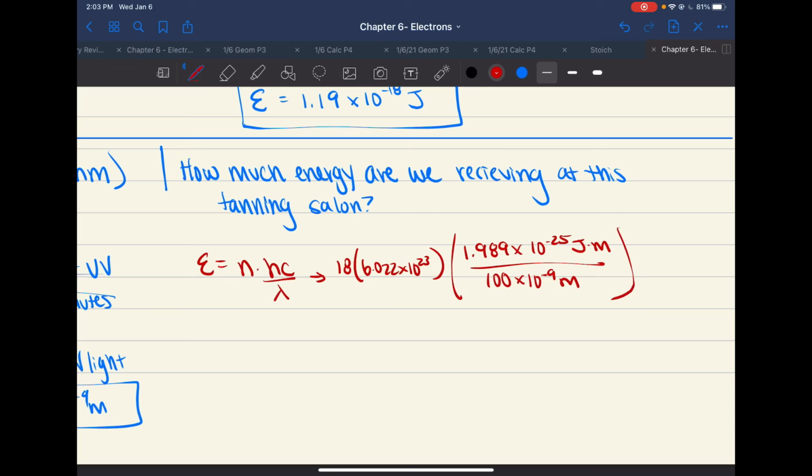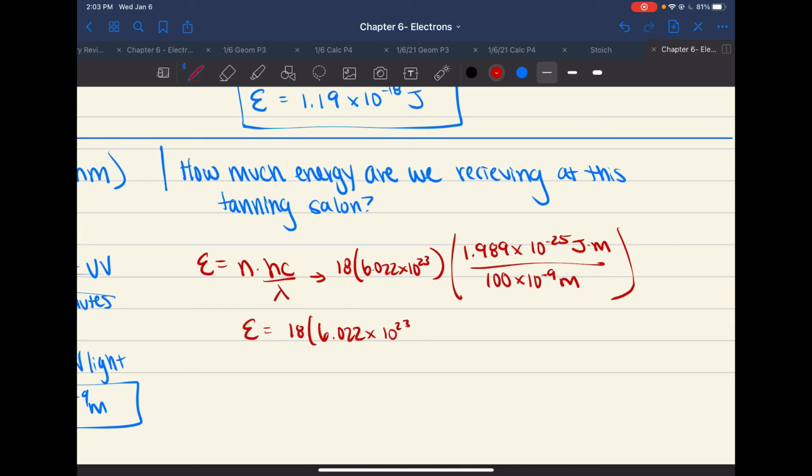I'm not going to be fancy and do 1 times 10 to the negative 9th, I'm just going to keep it as is. So let's do the quanta part. E is going to be equal to 1.989 times 10 to the negative 25th divided by 100 times 10 to the negative 9, and we get 18 times 6.022 times 10 to the 23rd.